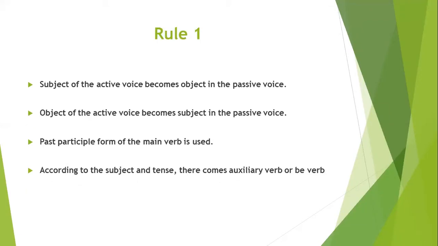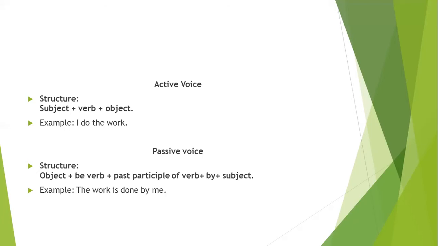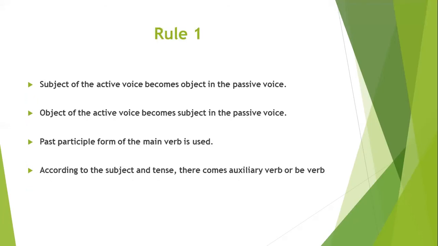Dear cadets, first see rule number 1. You can see from the above examples, that is, subject of the active voice becomes object in the passive voice. Let's go back. See, the subject has been changed to object. Then, object of the active voice becomes subject in the passive voice.